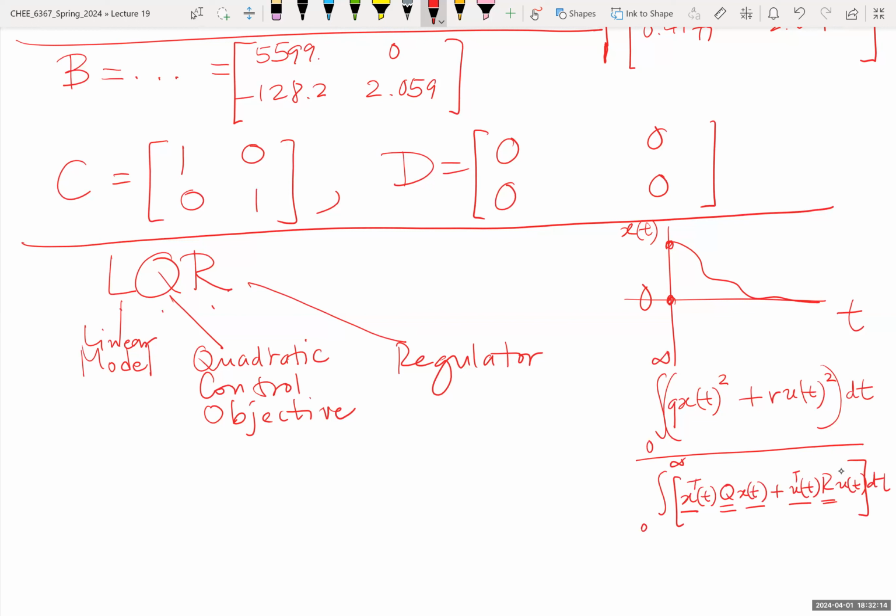This is the linear quadratic regulator. The linear quadratic regulator starts with A, B, C, D, and with this you get a controller.